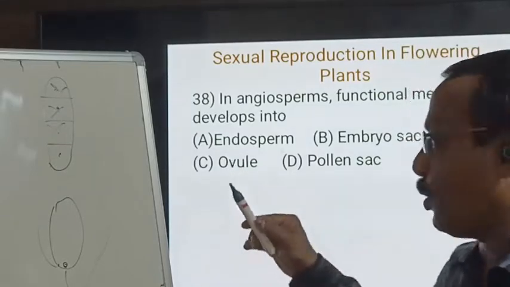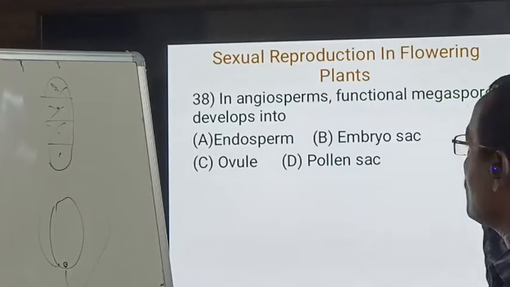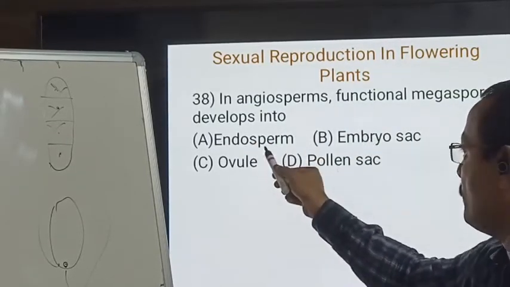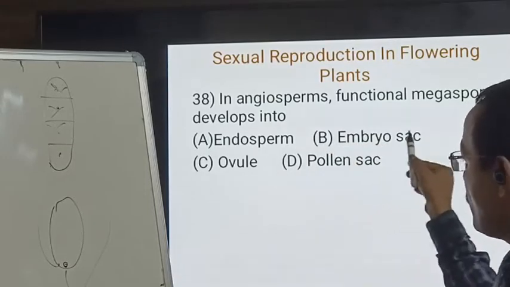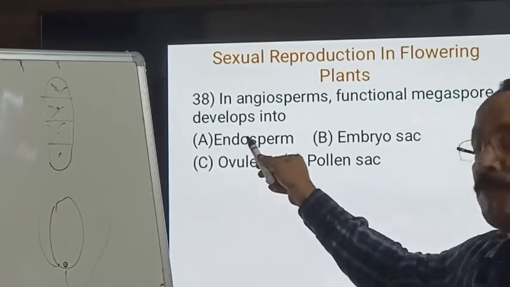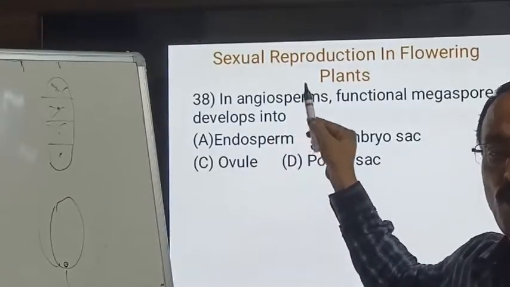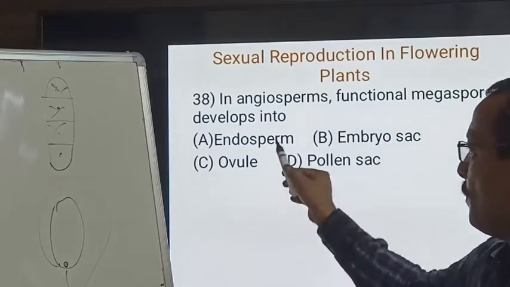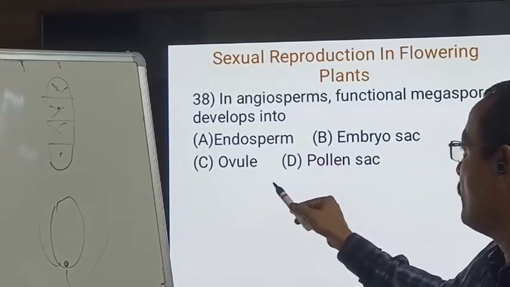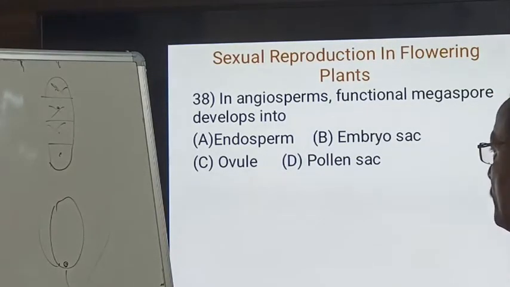Let us go through the question once again. In angiosperms, functional megaspore develops into the embryo sac. It's not the endosperm. In the embryo sac, after fertilization, the 2 polar nuclei fuse with the male gamete to form the primary endosperm nucleus, which then develops into endosperm. So the answer is embryo sac.